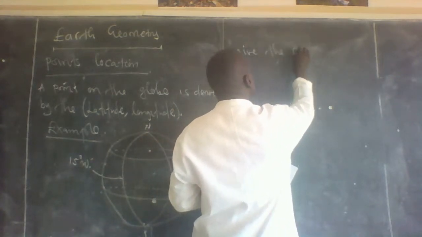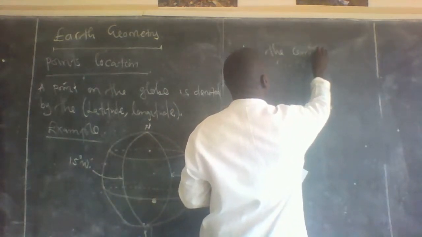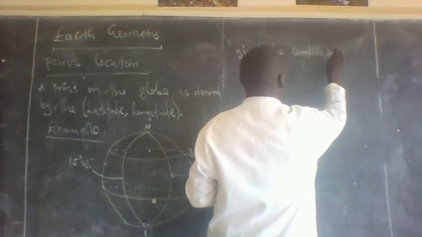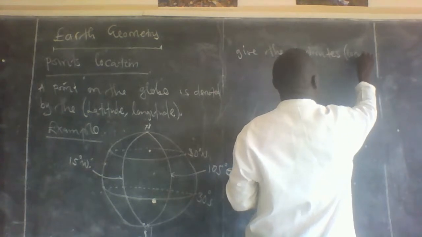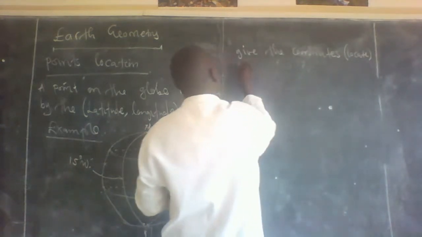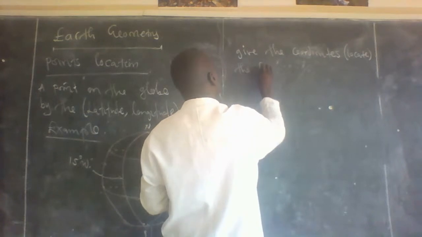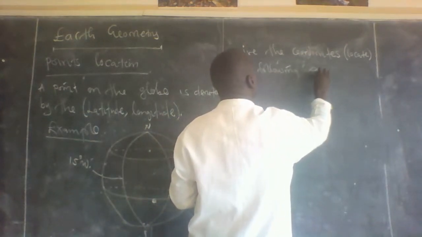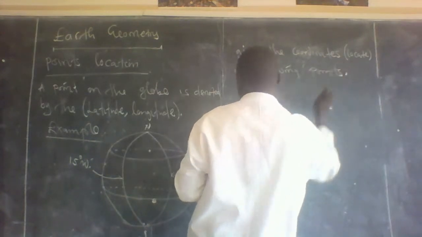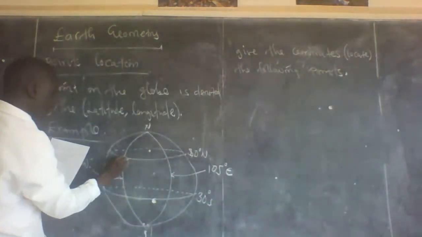Then the question goes like: give the coordinates, or locate the following points. So what points are they?